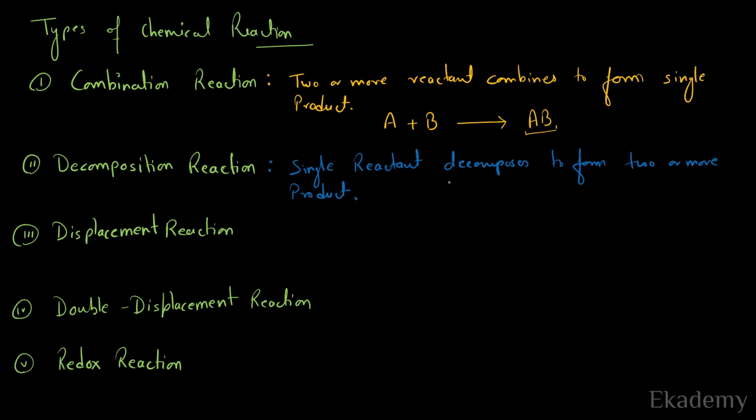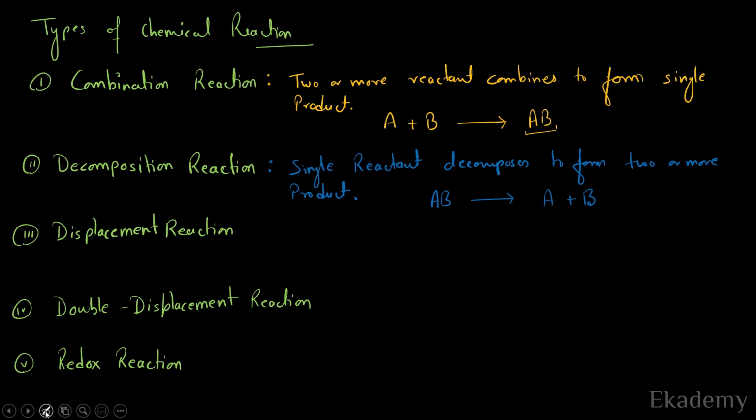So let us say AB is a reactant and it breaks down to form two products, A plus B. Products can be more than two also, but the reactant will always be one in case of decomposition reaction.